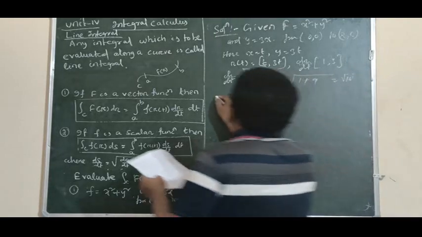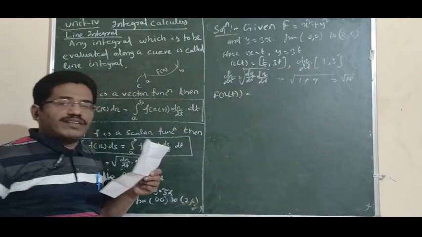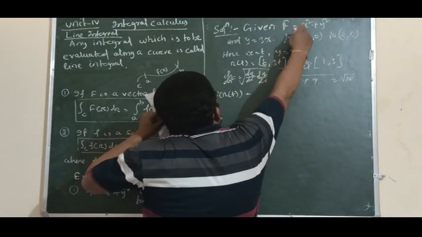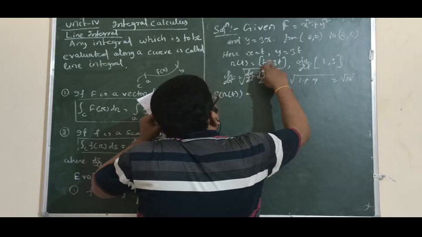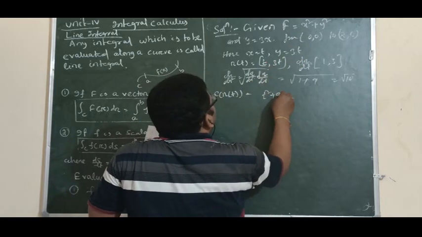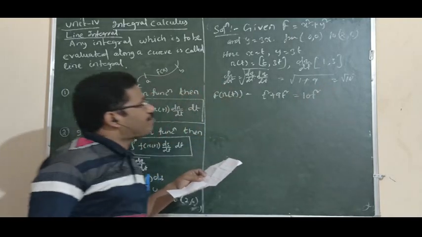Same thing, you will find f of r of t. What is f of r of t? That means we will put r of t in the function. In place of x, we will put t, so this is t square plus 9t square, which gives you 10t square.